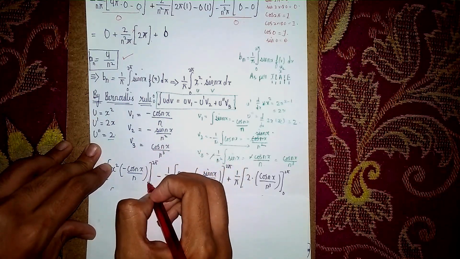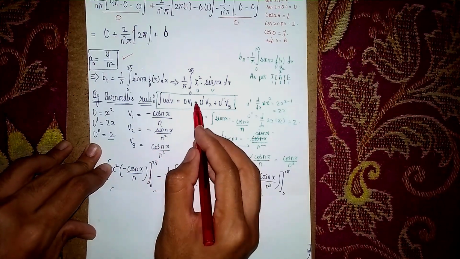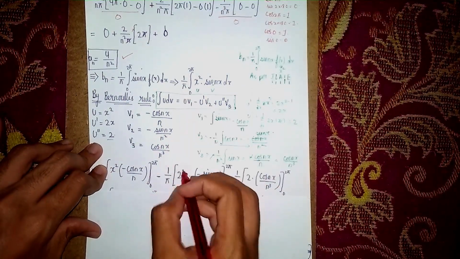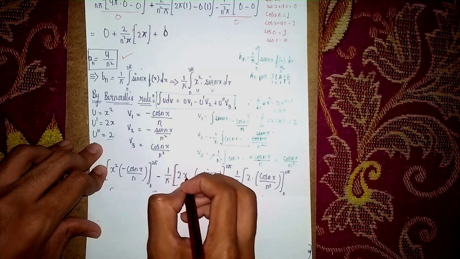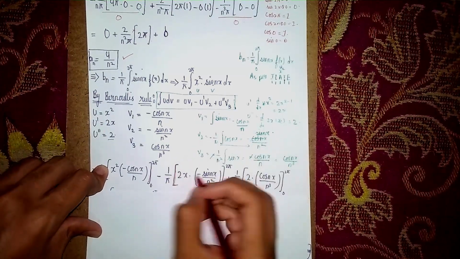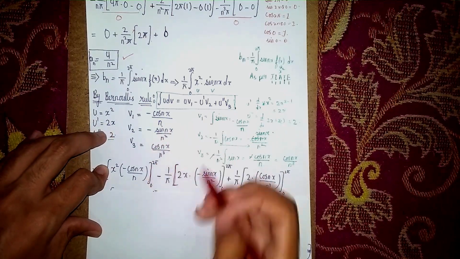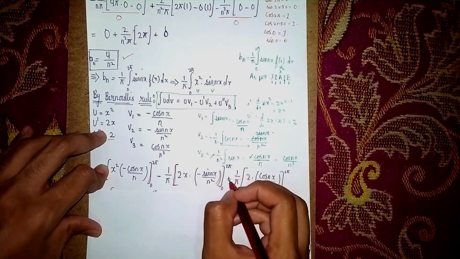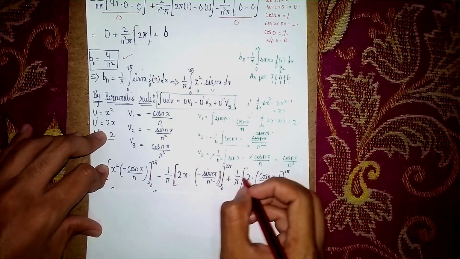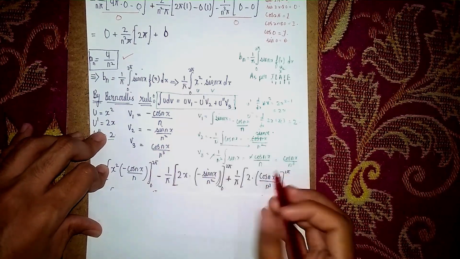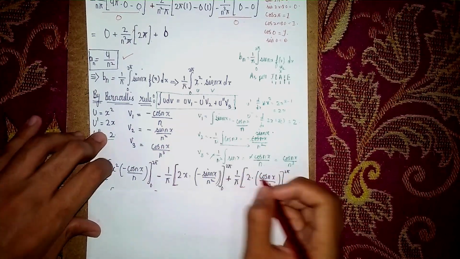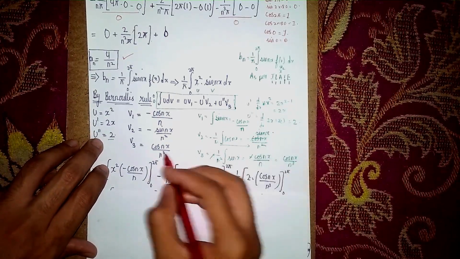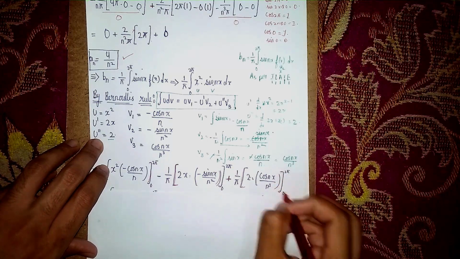Now close the bracket, 0 to 2 pi, then minus, take alternate signs, minus, then 1 by pi, open the square bracket, 2x, u dash, into v2 is minus sin nx by n square. Then close the bracket, 0 to 2 pi, then plus of plus, then 1 by pi, common to all, open the bracket, then 2 is what? U double dash is what? 2 into v3 is cos nx by n cube, close the bracket, 0 to 2 pi.